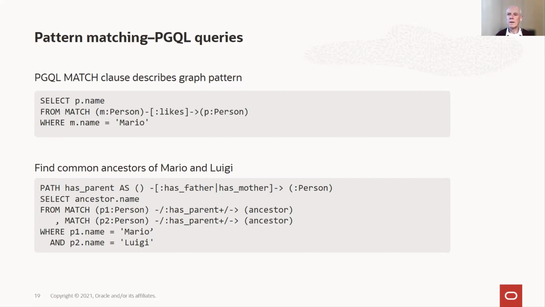And if you look at that, the syntax is pretty similar to SQL, except it includes a match clause to specify graph patterns, right? In this match clause, what we use is round brackets to specify the type of vertex and square brackets to specify the kind of edge.